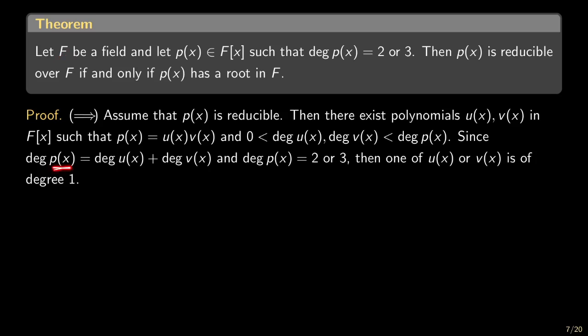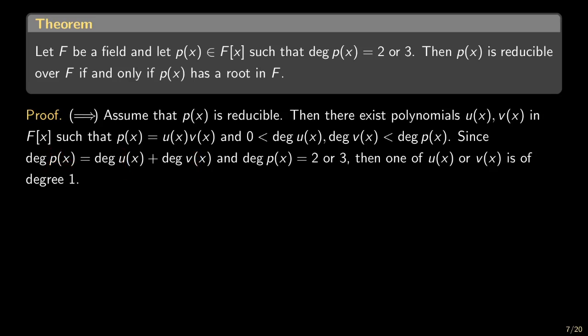And because this is of degree 2 or 3, there is basically one way to split the degree of p of x, and it must follow that one of these must be 1. For example, if this is 3, then the only way to split that is 2 plus 1. But if this is 2, the only way to split that is 1 plus 1. 0 is not allowed, right?